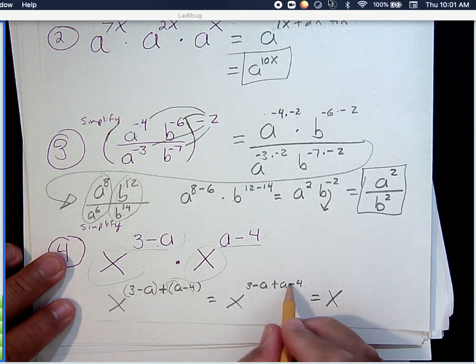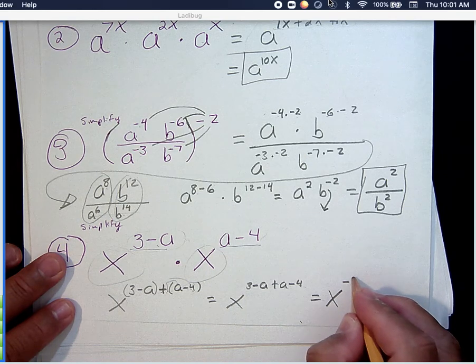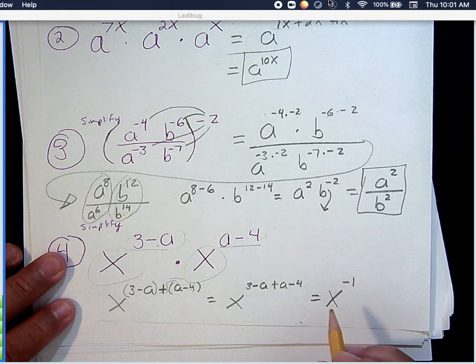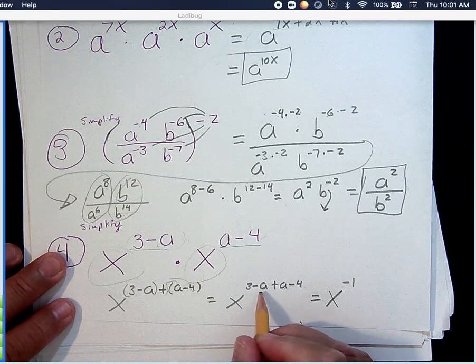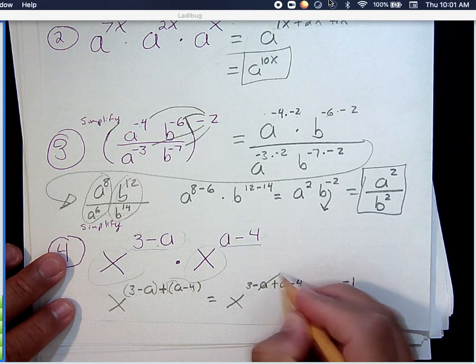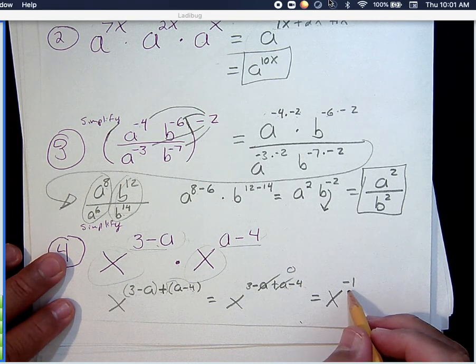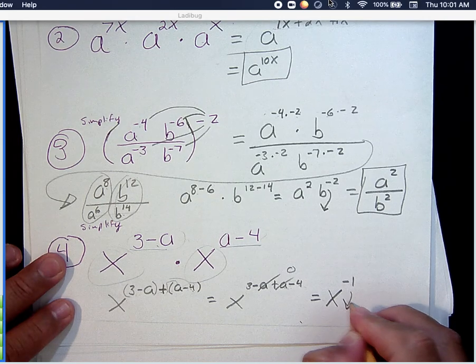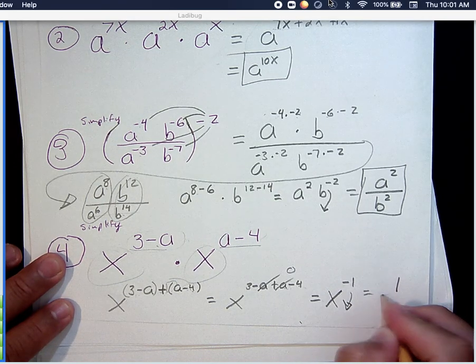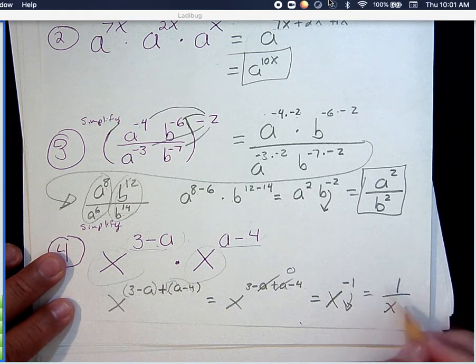3 minus 4 gives you negative 1, right? And then negative a plus a, these two, they become a 0. So you have x to the negative 1. You bring it down, so you end up with x to the 1 power.